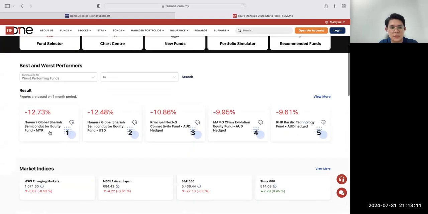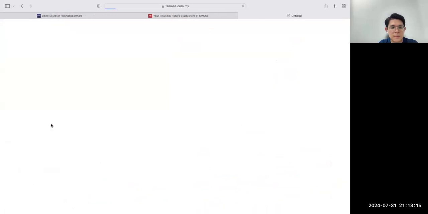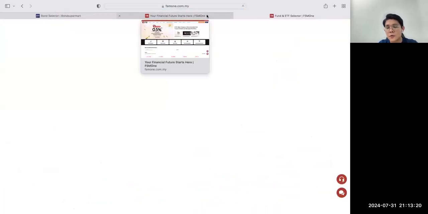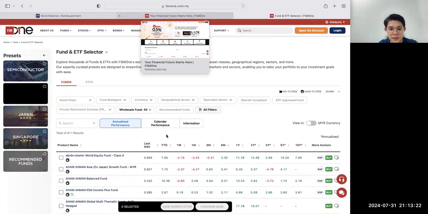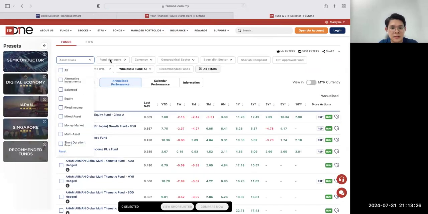You can search here, and choose the funds that you would like to search for.